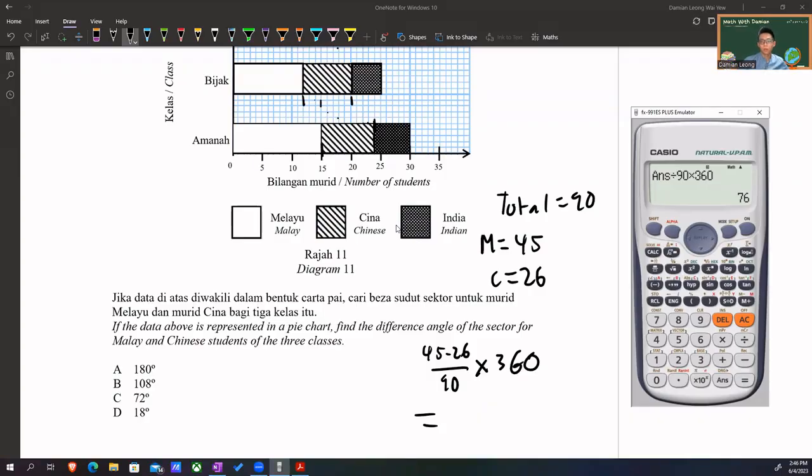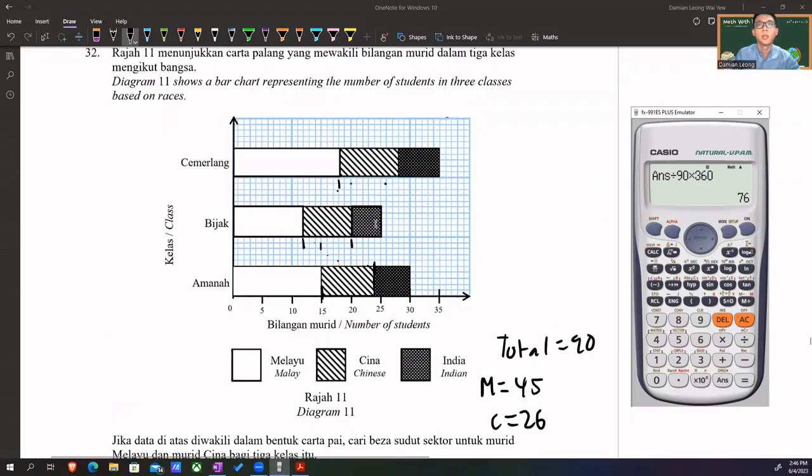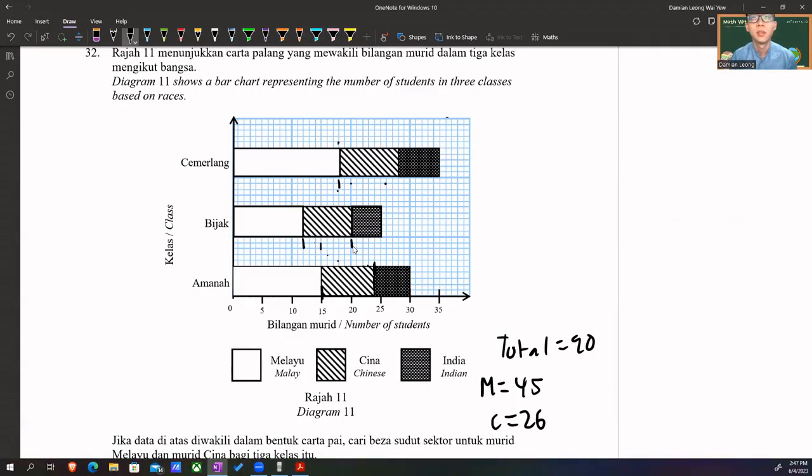76. Oh, did I count wrong? Let me see. It's very hard to see here actually. It's quite ridiculously drawn. You should make it transparent, then you can count. So 1, 2, 3, 4, 5, 6, 7, 8, 9, 10.